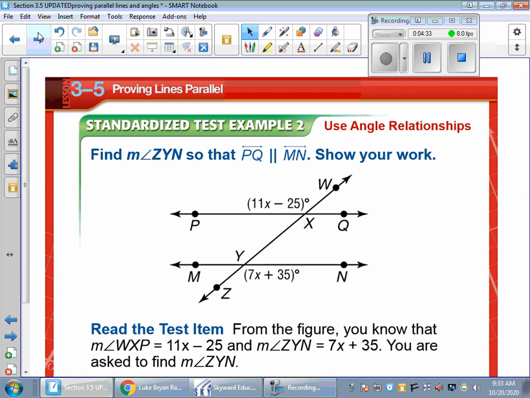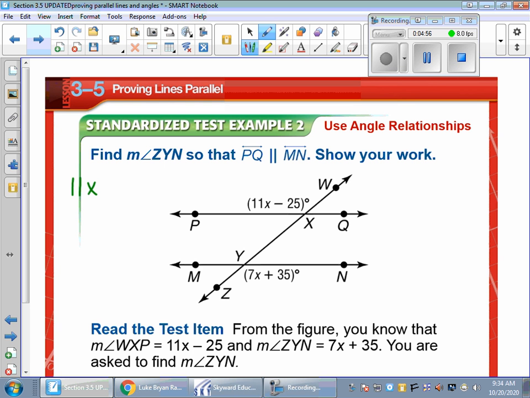Next slide again is using the idea that says find the measure of angle ZYN so that they are parallel. So they are telling you that we have parallel lines. If they are parallel, then these angles have to follow through with parallel lines. Well, what we have is alternate exterior angles, and alternate exterior angles are equal.